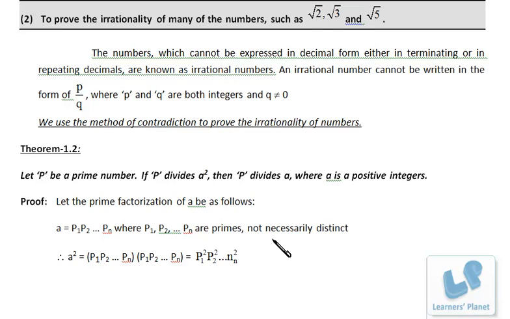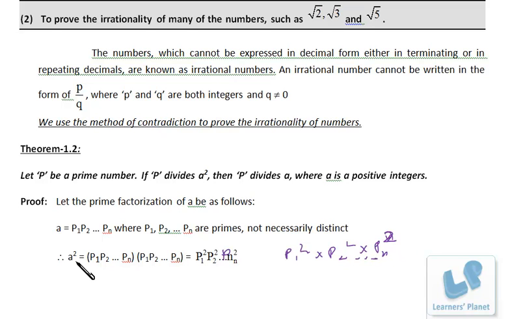And not necessarily distinct, right? Now what's a square? A square will be the square of all these numbers, that is p1, p2 till pn into p1, p2 till pn. So that is precisely p1 square into p2 square till pn square, right?